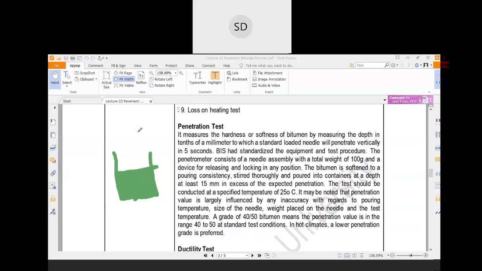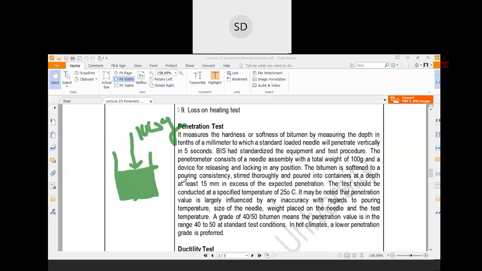Now there would be one needle, and the weight of the needle would be like 100 gram, and you have to check how much that needle penetrates into the bitumen surface over 5 seconds. So how much this needle penetrates into the bituminous surface, that is your penetration value.